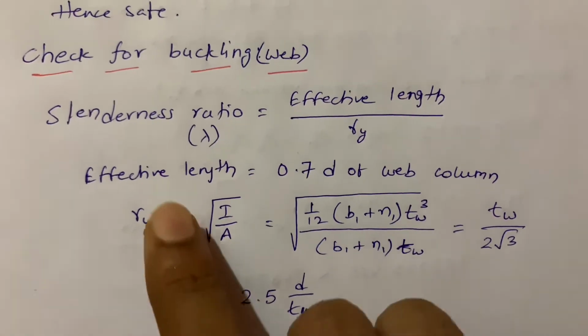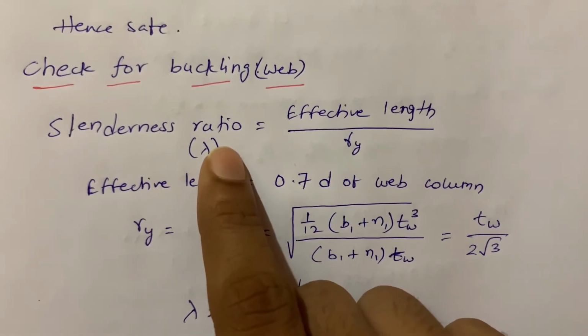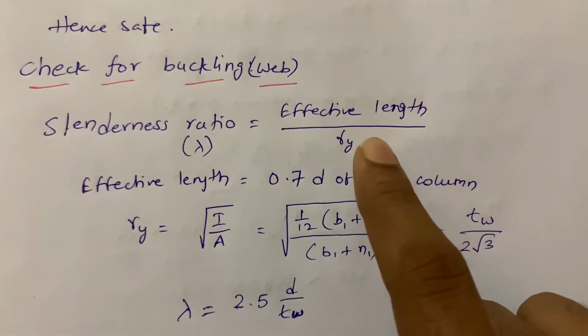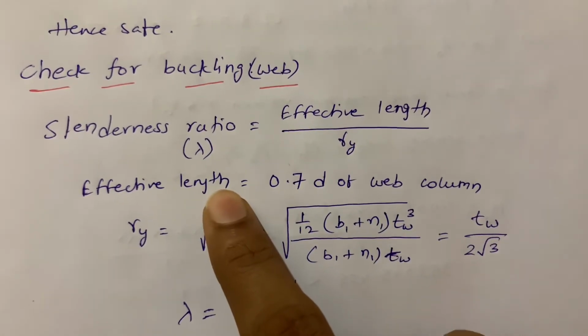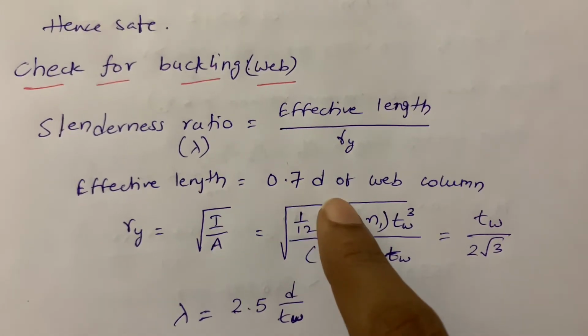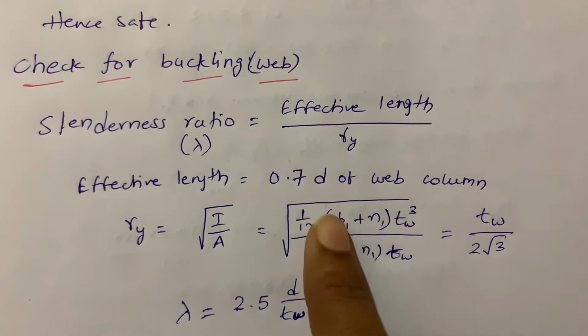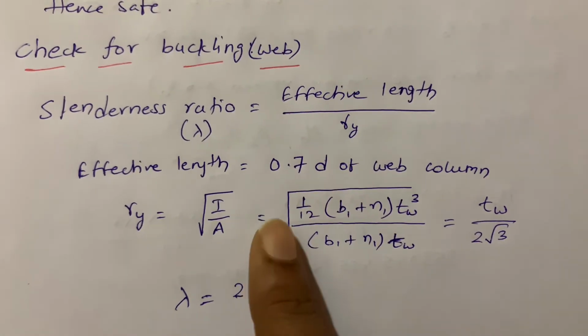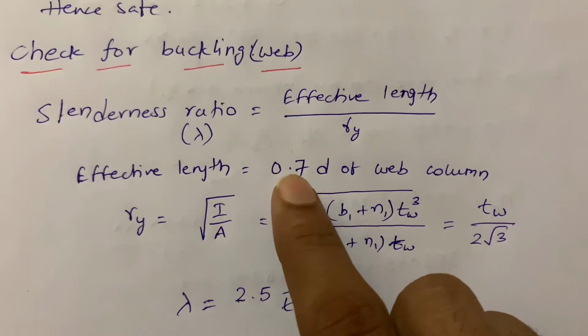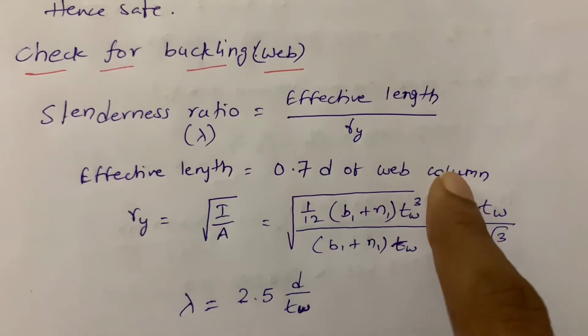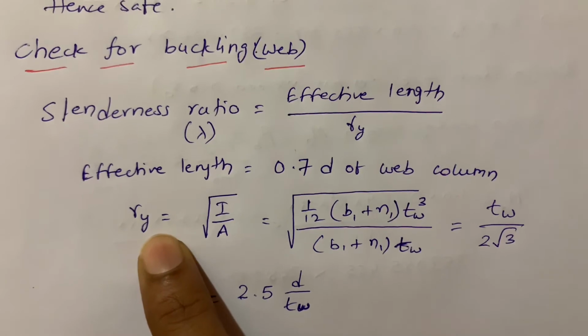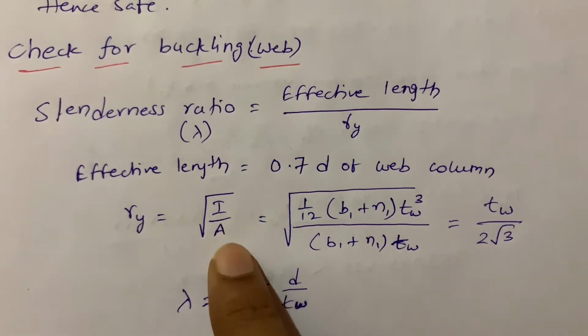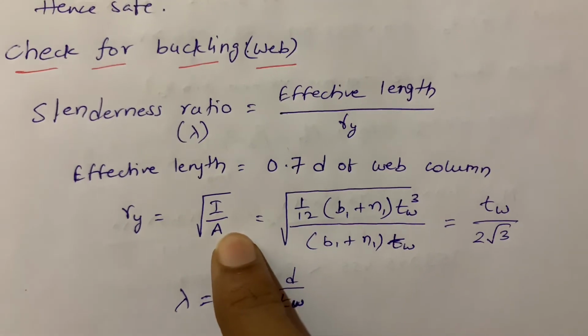For the slenderness ratio we need to calculate the effective length by ry. The effective length is nothing but 0.7 d of the web column. This is also specified in the code book for the check for the web. The code specifies 0.7 times the depth of the web column, and the radius of gyration formula is root over I by A, moment of inertia by area.